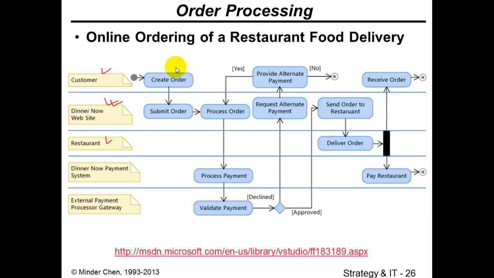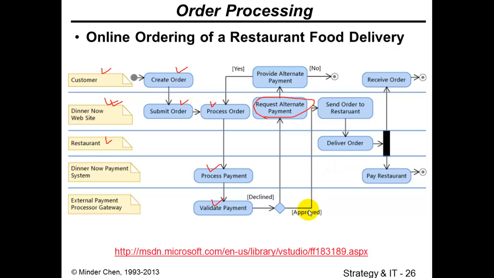So a customer may place an order. Once the order has been submitted on the website, we need to process the order by handling their payment, validating their payment through the payment gateway. And if the payment is declined, then we need to ask the user for alternative payment methods.